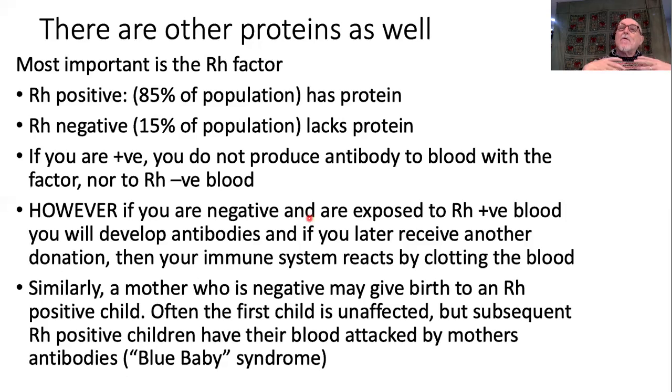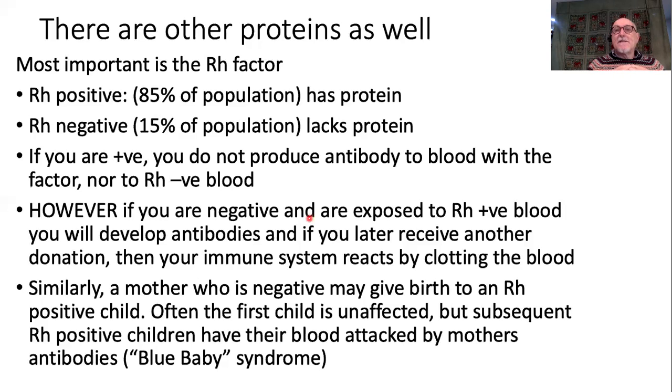But when the child is born, it is often born with an ongoing attack by the mother's antibodies circulating in its body against the child's blood. And that is what we call blue baby syndrome.